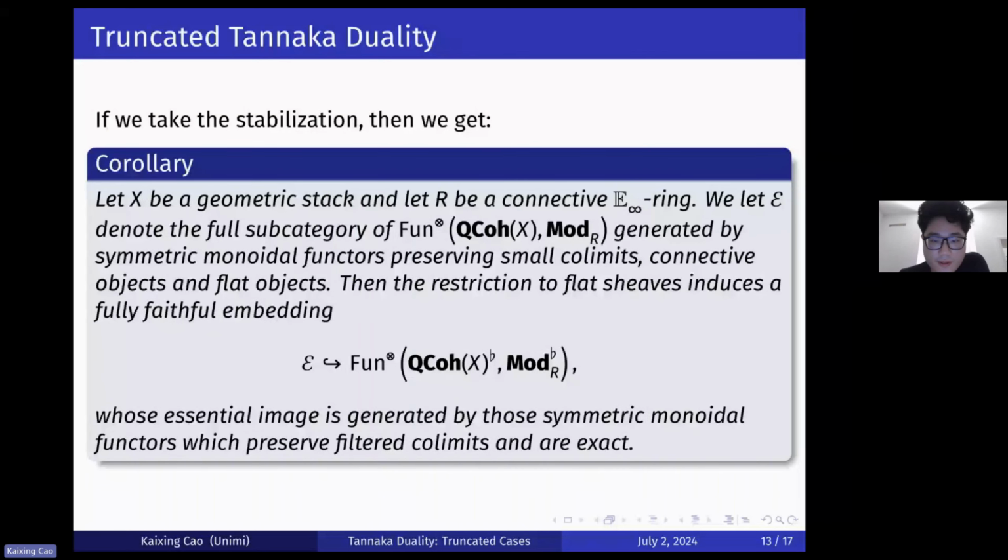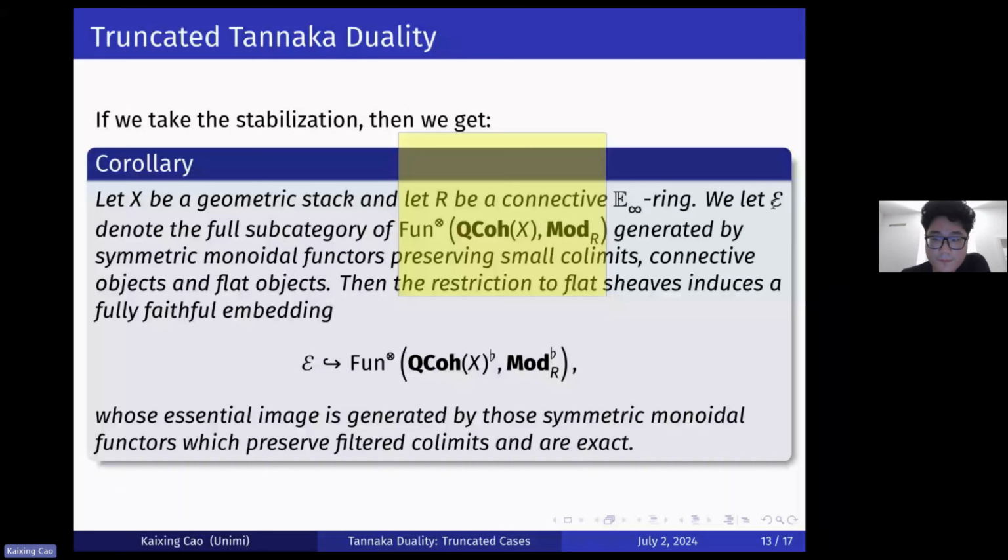So this corollary shows that if we consider this functor category, the R point of X, taking the pullback gives the functor from the R point of X to this functor category.